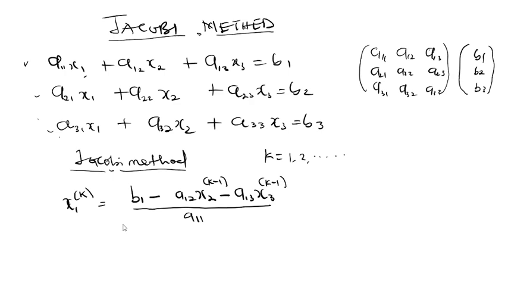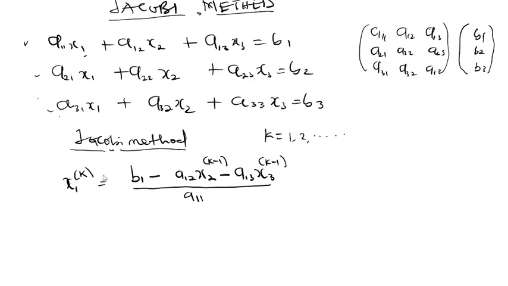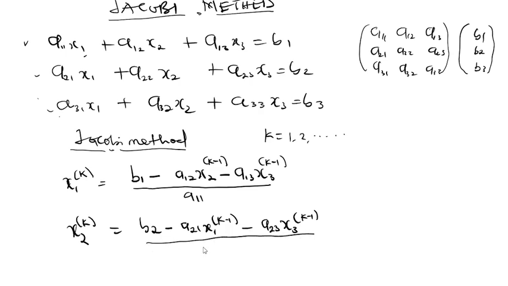Now the next one, we have x2 exponent k equal to b2 minus a21 x1 exponent k minus 1, then minus a23 x3 exponent k minus 1, all divided by the coefficient of x2, which is a22.